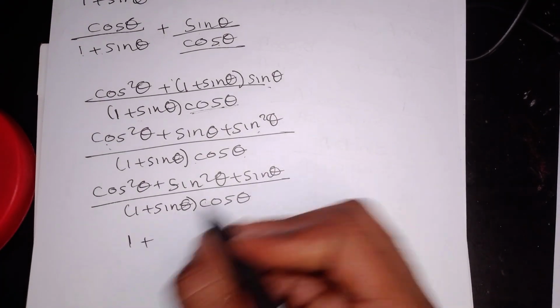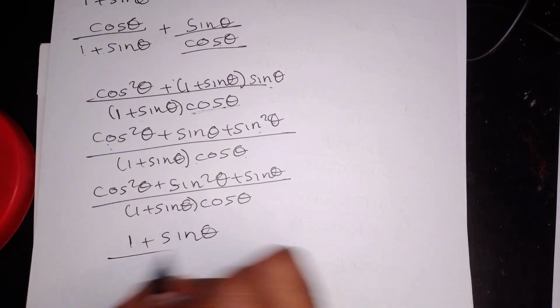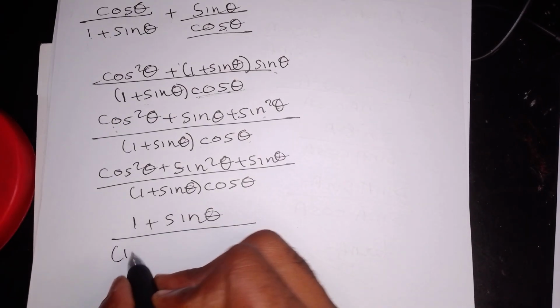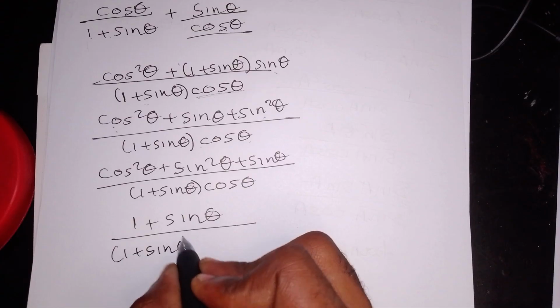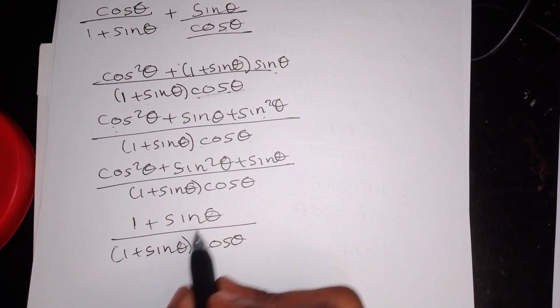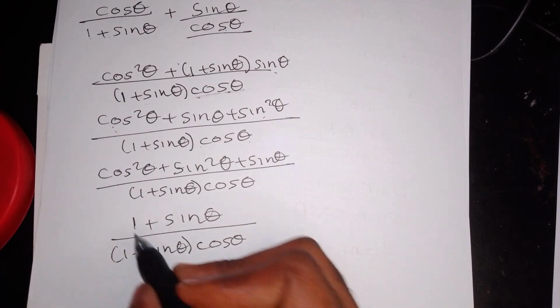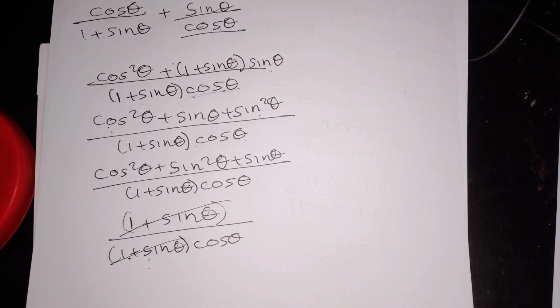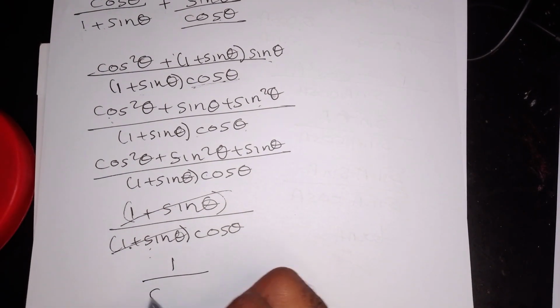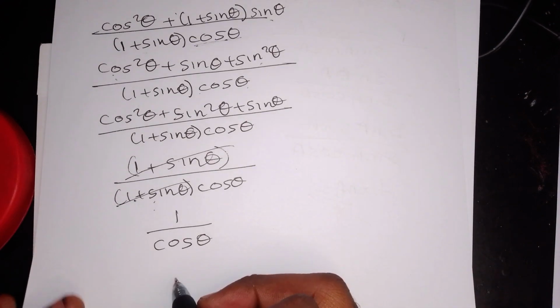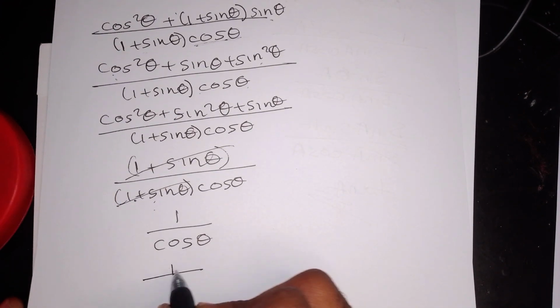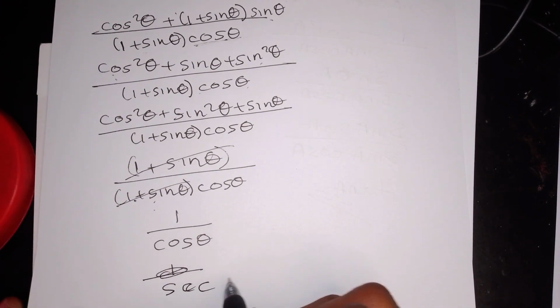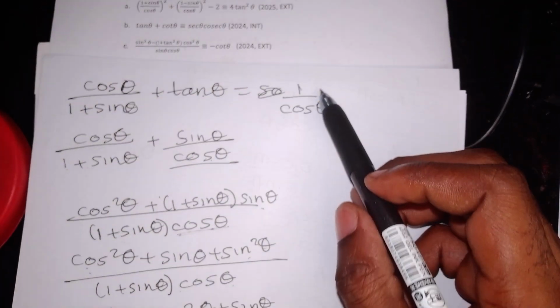So this plus this, you have the 1, and then plus sine theta, everything over 1 plus sine theta multiplied by cos theta. So as you can see, these two can be cancelled out. So this can go into these ones. So you have 1 over cos theta, which is simply the sec theta we are trying to find.